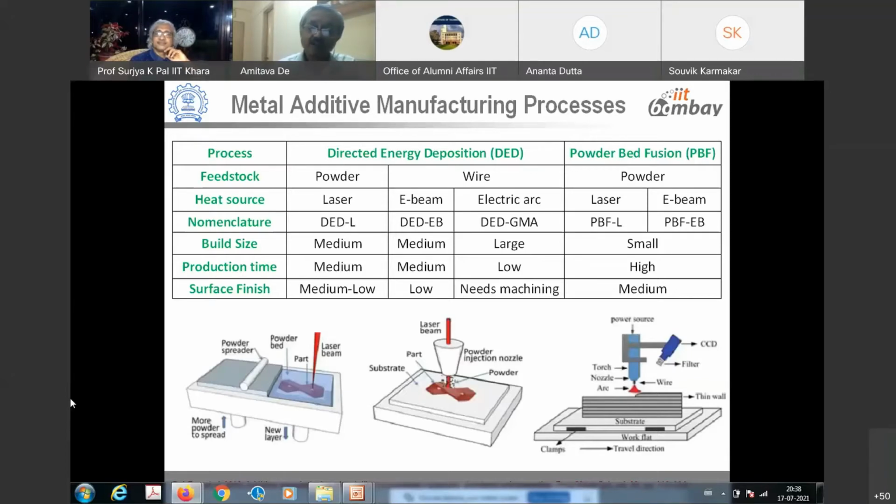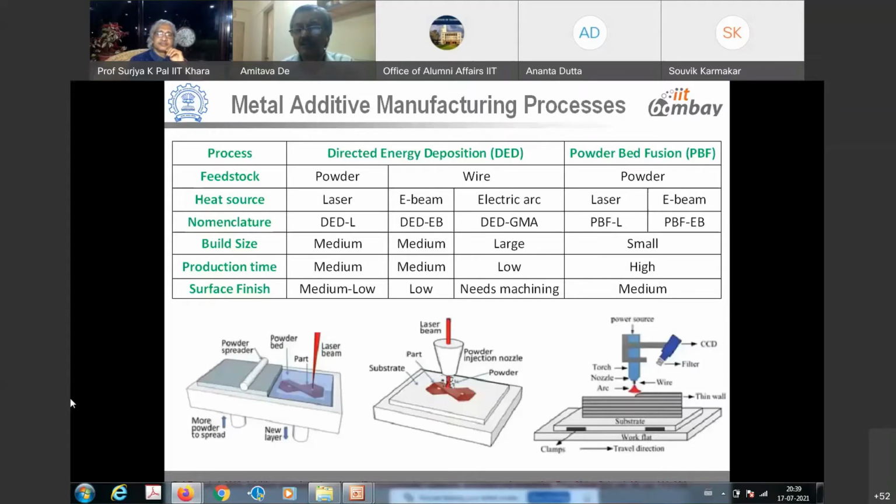Now, either the feedstock material is laid already on a bed and a source is sintering it to get the part, or the feedstock material is traveling along with the source of heat. That is somewhat the basic background of dividing these two categories as directed energy deposition and powder bed fusion.